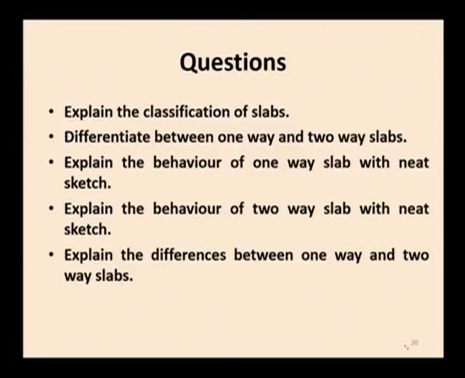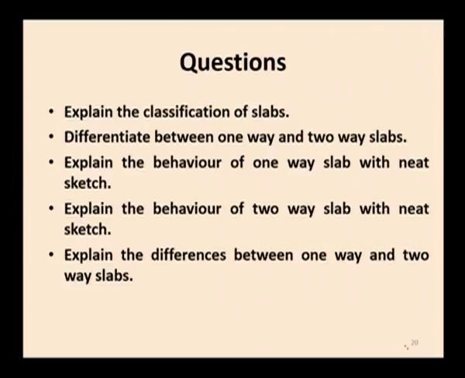Regarding this portion, the questions are: explain the classification of slabs. We need to explain the classification based on various categories: based on the shape, the supporting condition, the spanning condition, the reinforcement provided, and the slenderness, that is the Ly by Lx ratio. We can divide slabs into many categories.